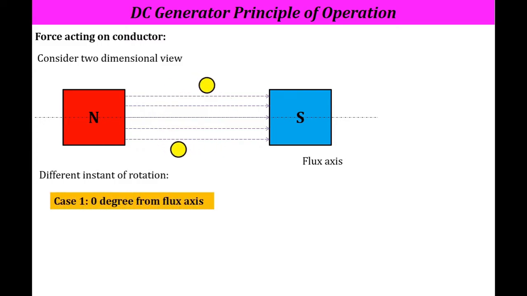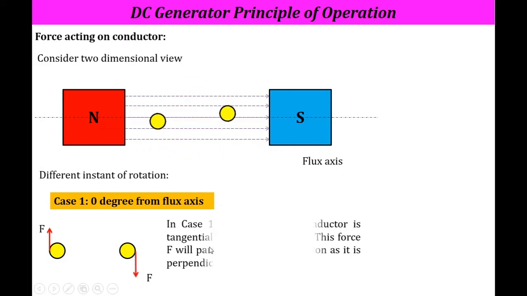Case 1: suppose that the conductors are placed in such a way that they make 0 degrees from the flux axis. That is the initial position of the conductor. Now we know the force which will be exerted on the conductor will be in this way. For this conductor the force is in an upward direction, and as the conductors are connected, the other conductor has a force in a downward direction.